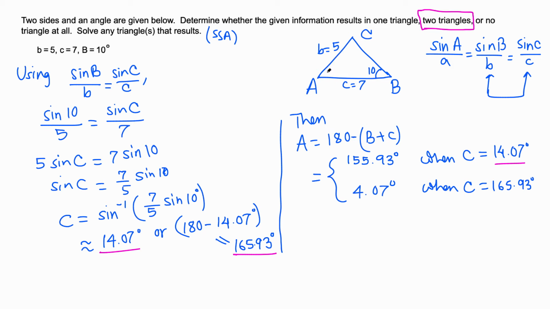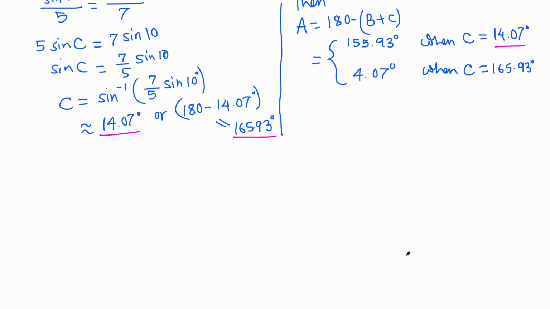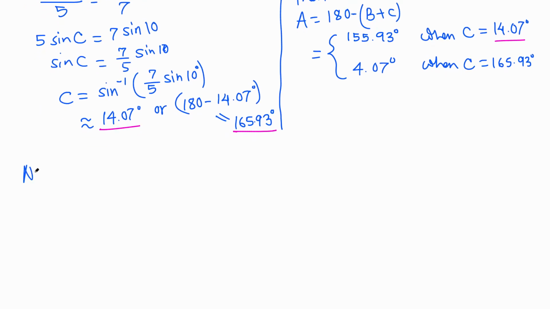What is left to find now? Side a. To find side a, we're going to use any two ratios. Let's use the first and second. It doesn't matter which one you use now because we know most of the parts anyway.